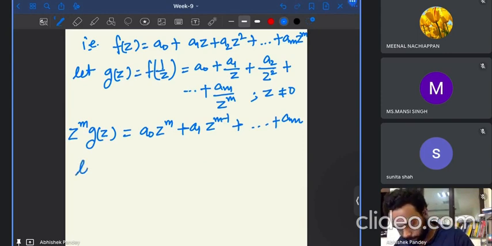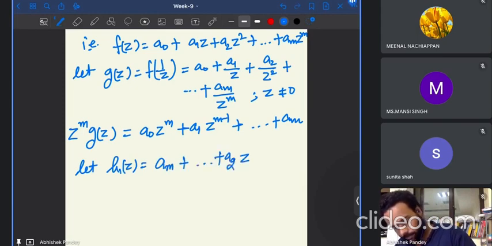Let h1(z) be a_m plus a_{m-1} z plus and so on plus a_1 z to the power m minus 1 plus a_0 z to the power m.